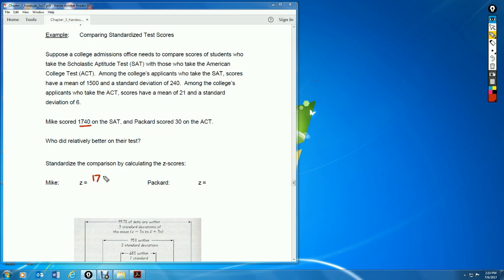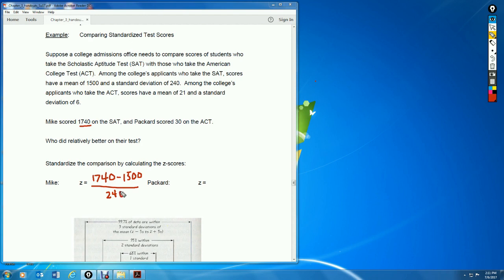His data value was 1740, and then minus the mean for the SAT, which was 1500, and then divided by the standard deviation for the SAT, which was 240. Okay.